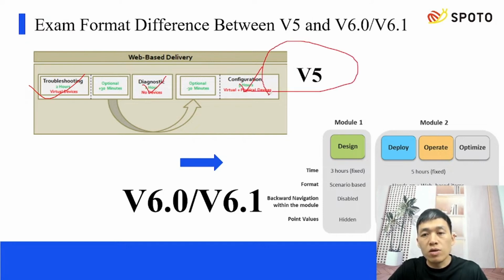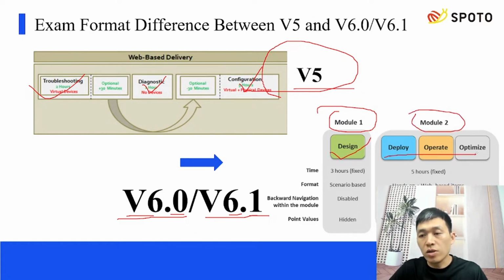This is in version 5, and now since the last version 6.0, and the current version, the new version 6.1, it contains 2 modules. The first one is named Design, and the second one named DOO.